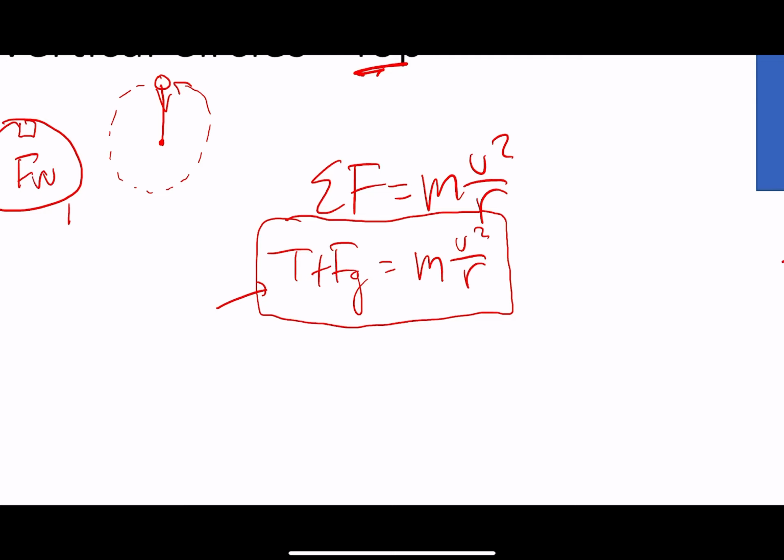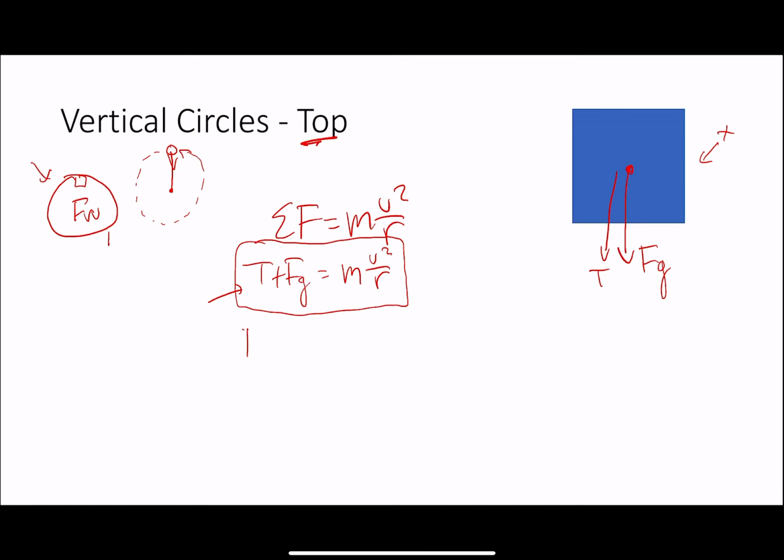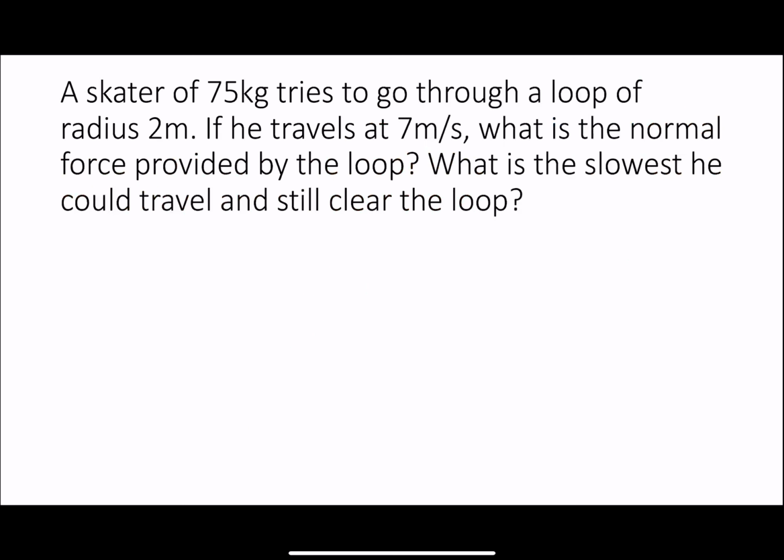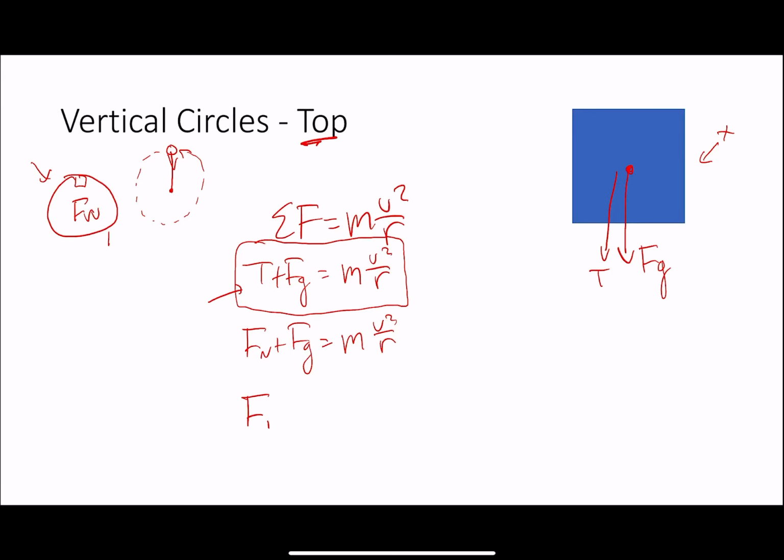And so instead of tension plus F_g, you would write the normal force plus F_g equals mv squared over r. Essentially, we have whatever force is doing the circular motion, plus F_g, equal to mv squared over r, and this is our equation for the top of the circle. Okay.